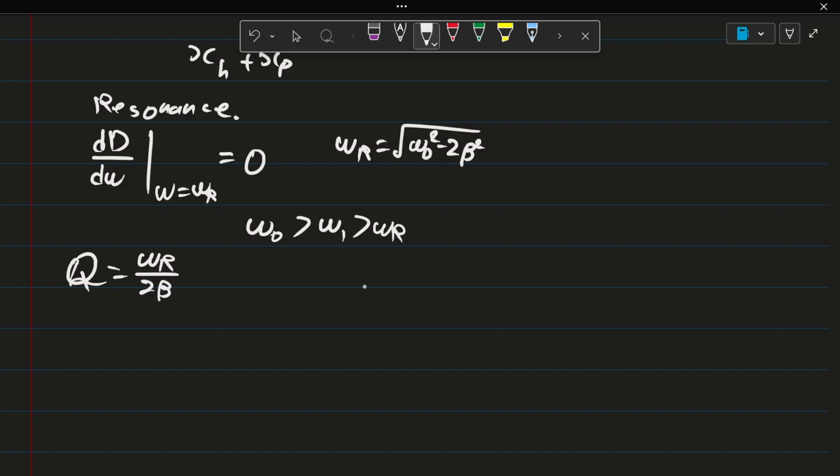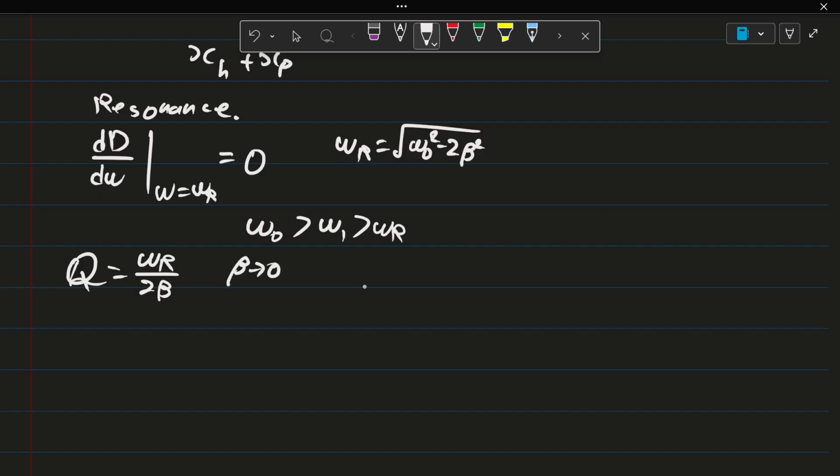It tells you about the damping for this resonant frequency, which is where the amplitude is maximum. When beta goes to 0, Q goes to infinity, which denotes a very weak damper. If you increase beta higher, Q goes lower, and the damping gets much stronger. So you could approximate this when beta goes to 0.